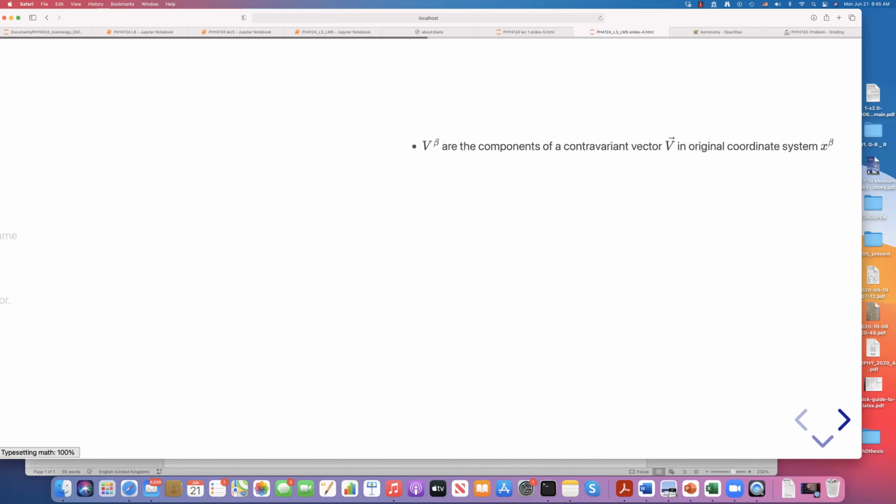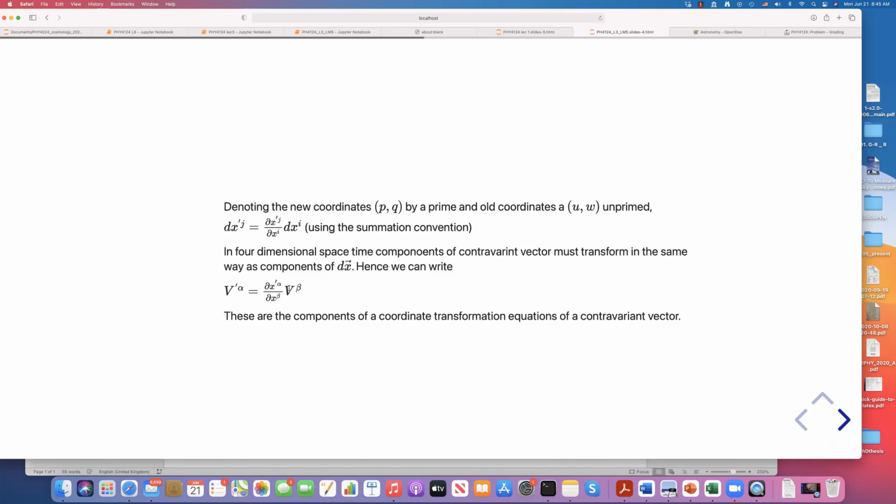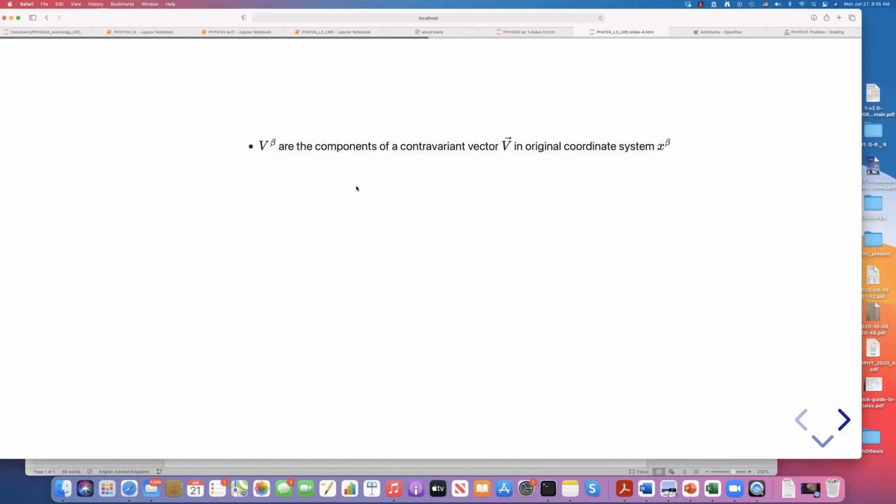I'm explaining each term here. Vβ, which is this expression right here, is the components of a contravariant vector in the original coordinate system, whatever the original coordinate system. Here the original coordinate system is the xβ coordinate system.